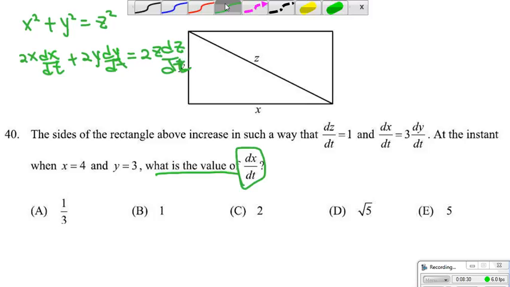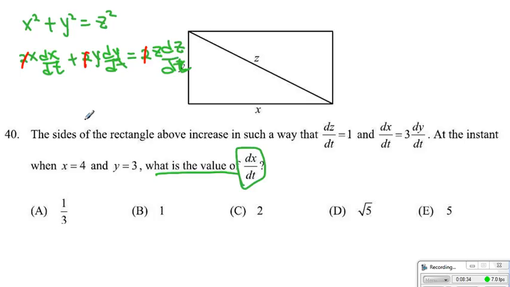Here we end up having the 2 cancel out. And since what we are looking for is dx over dt, here you can technically solve for dy dt is equal to 1/3 dx dt.